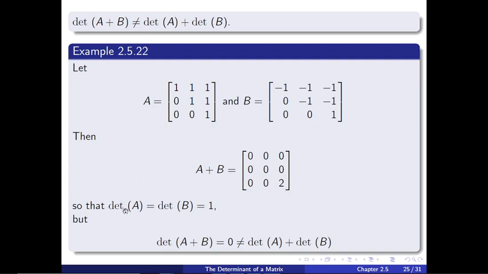So you see that determinant of A is 1, determinant of B is 1, and determinant of A plus B is 0, which is not equal to the 2, which is the 2 being the determinant of A plus determinant of B. So therefore that is not true in general.